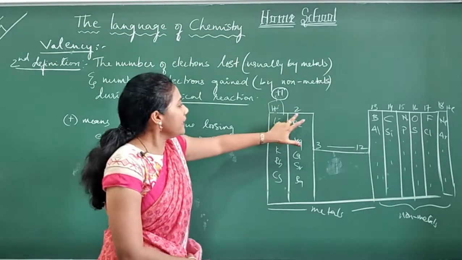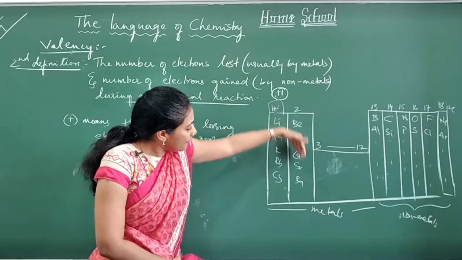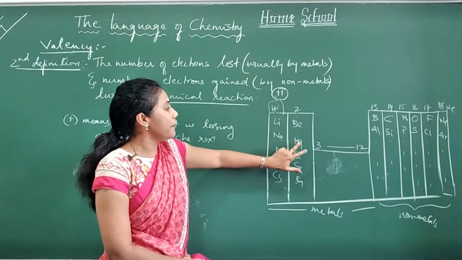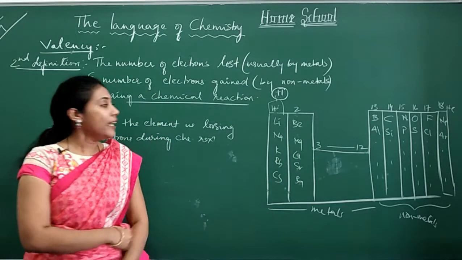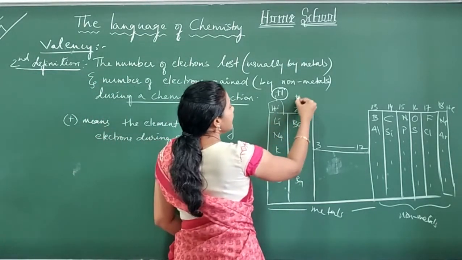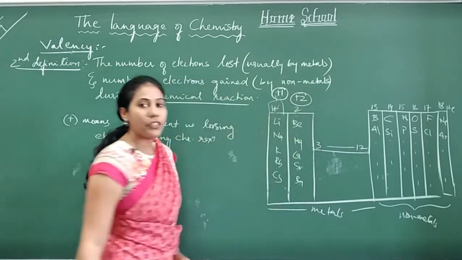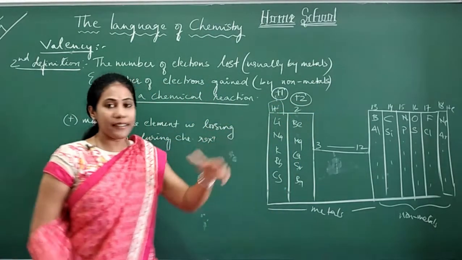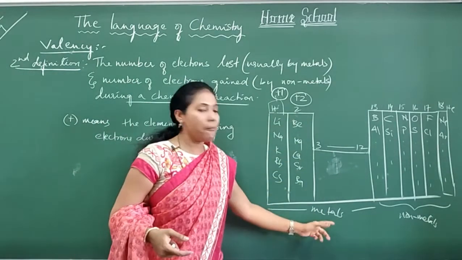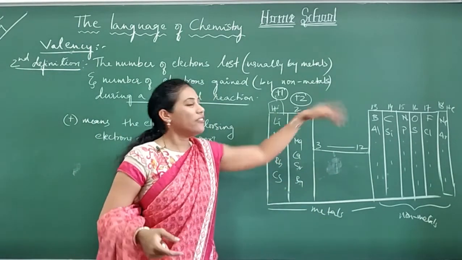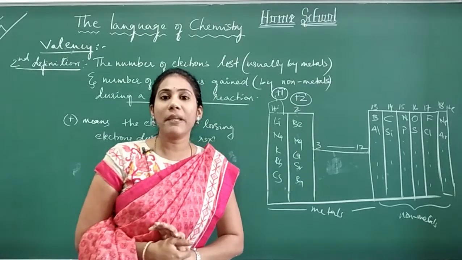Similarly, elements that come in group 2, that is beryllium, magnesium, calcium, strontium and barium, all these guys' valency is plus 2. Plus, in the sense I said, they will always lose electrons. They come in the category of metals, and metals always lose electrons during a chemical reaction.